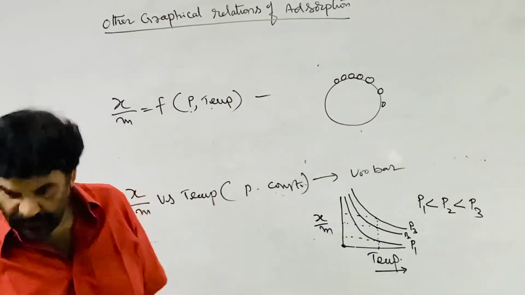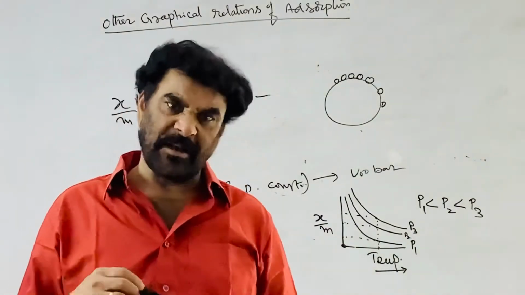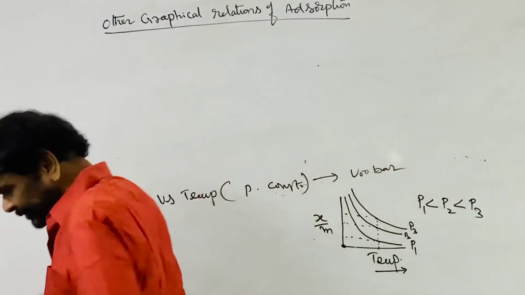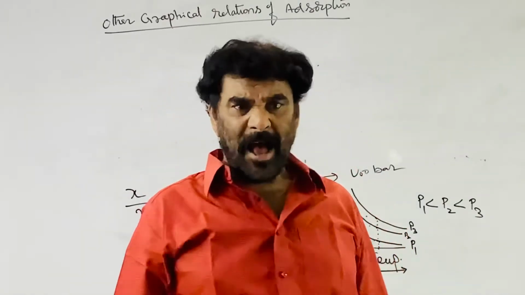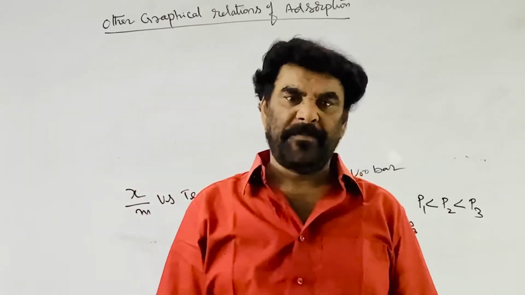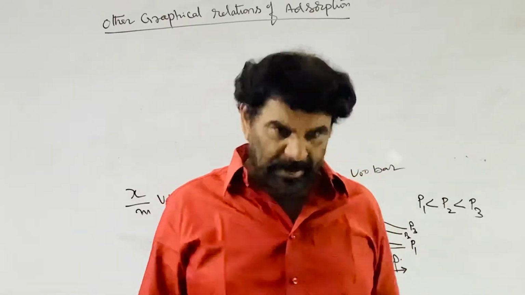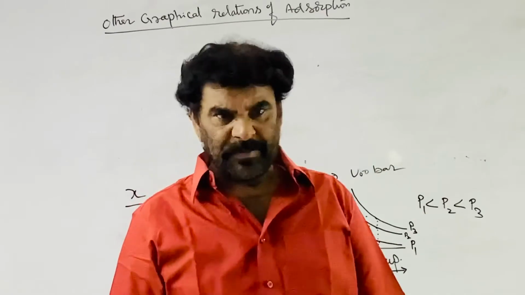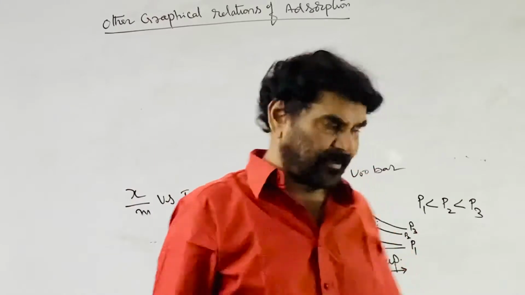You know the effect of the temperature and the effect of the pressure on the extent of adsorption. As the temperature increases, x by m decreases. As the pressure increases, x by m increases. Now, the decreasing effect of the temperature on adsorption is nullified by increasing the pressure of the gas.